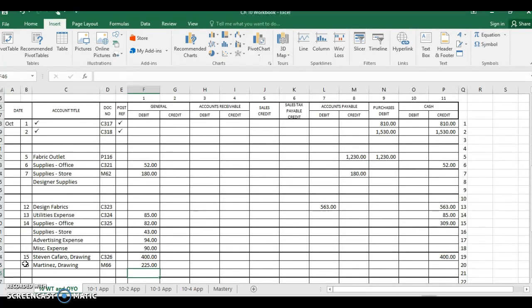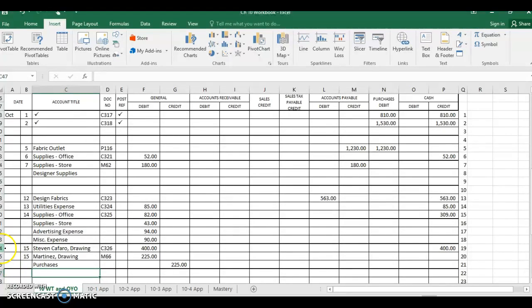What's different is now we need to do a second line. Okay, because when we had merchandise, remember we worked with the purchases debit column. Okay, so your next line down is going to be purchases. Okay, that's what you say when they're taking merchandise out, because you purchased that merchandise. So taking that back out. So purchases, general credit.